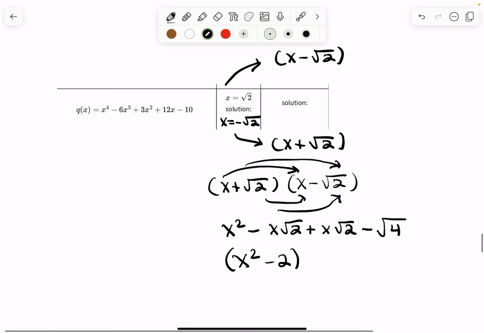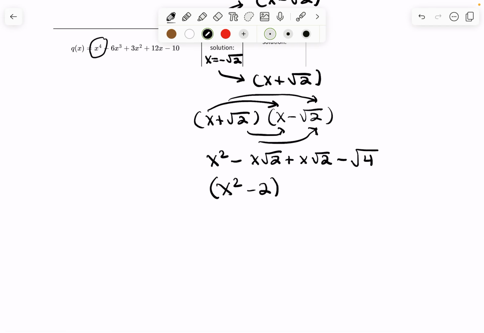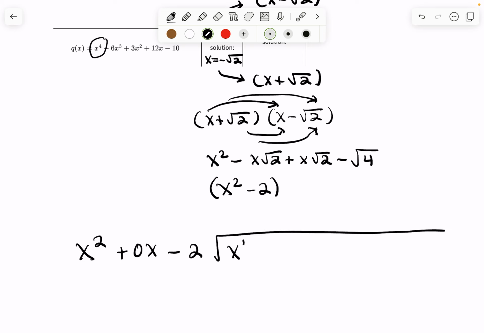The cool thing is this one is a power of 4, so I know that I'm going to have 4 roots. We already got 2 of these roots, and when we put these two together, it gave us x squared minus 2. The nice thing about x squared minus 2 is now we can actually use long division to divide this.